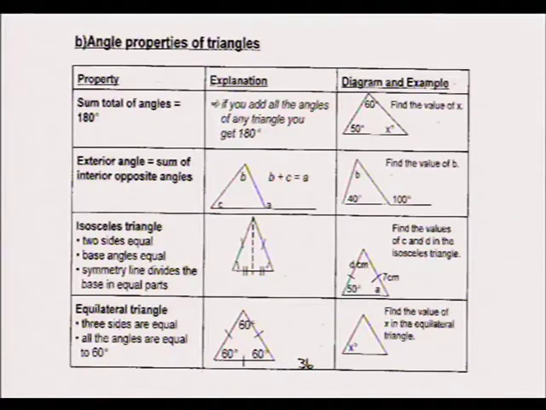The angle properties of triangles. We know that the sum of the angles is 180 degrees. There you see the exterior angle. Angle A is the same as B plus C. There you see an isosceles triangle. Two sides are equal, the base angles are equal.